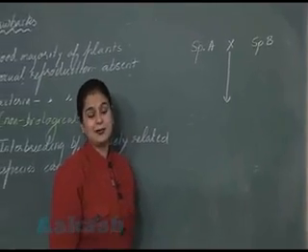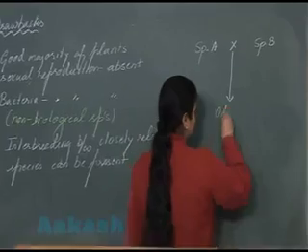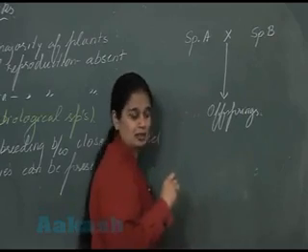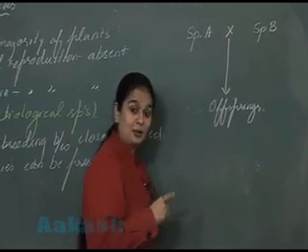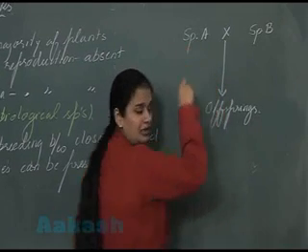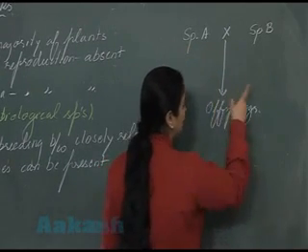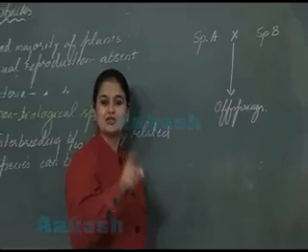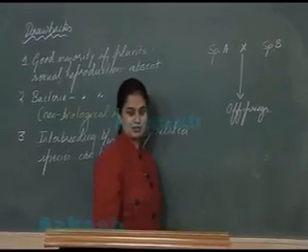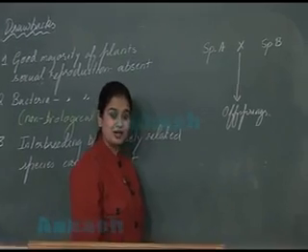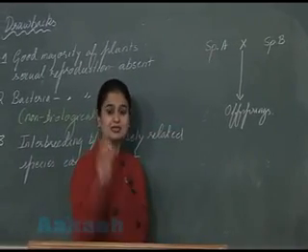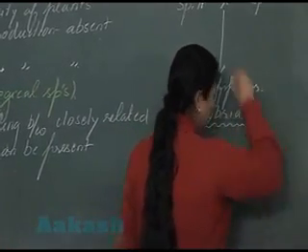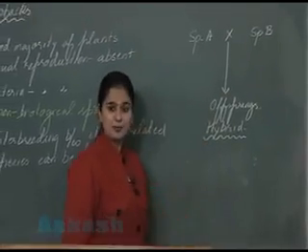After the interbreeding, there is formation of progeny, formation of offspring. These offspring are going to have characters of species A as well as characters of species B. So this offspring has a combination of characters from both species, which represents a hybrid.